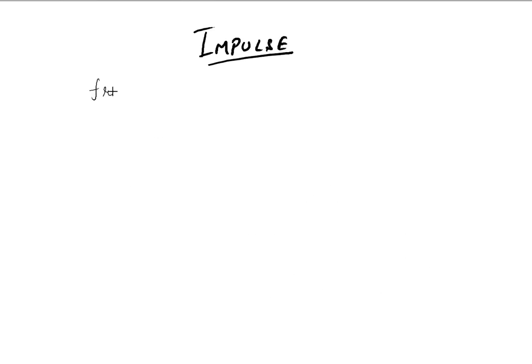Next up we have the concept of impulse. From Newton's second law of motion, we can say that F is equal to delta P by delta T, which is nothing but the force is equal to the rate of change in momentum of the object.